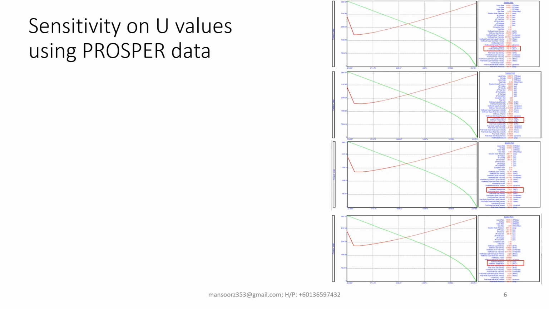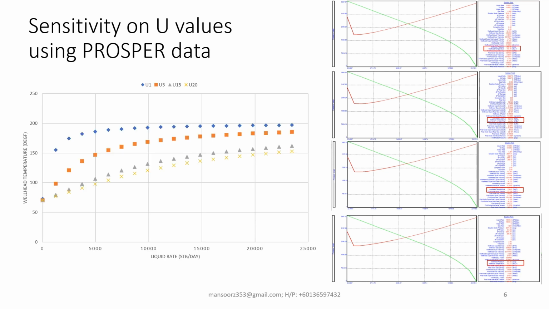And then we've plotted also the solution nodes. As you can see here, we have the liquid rate and we have the wellhead temperature. And as you can see, the lower the U value, the higher the wellhead temperature.